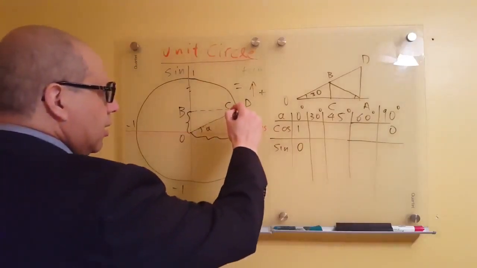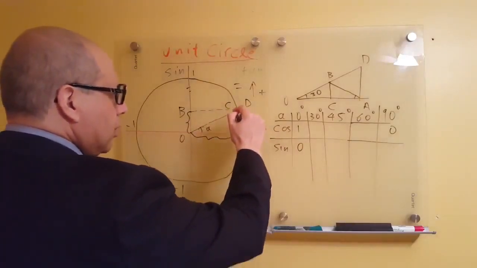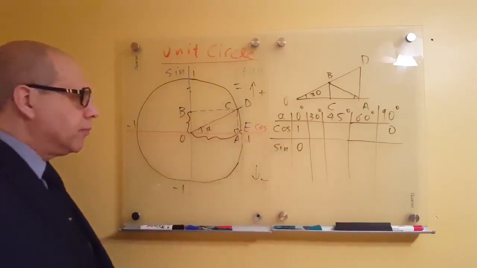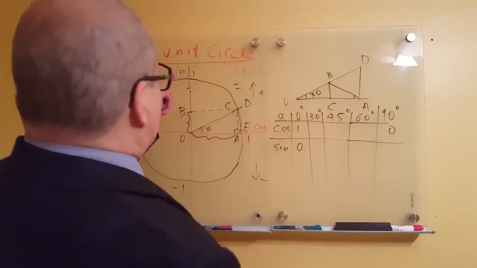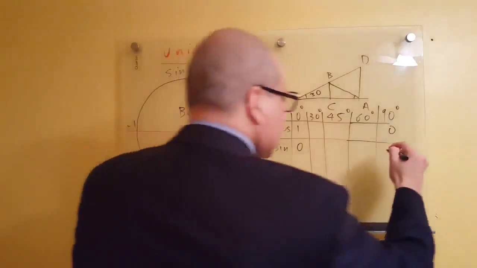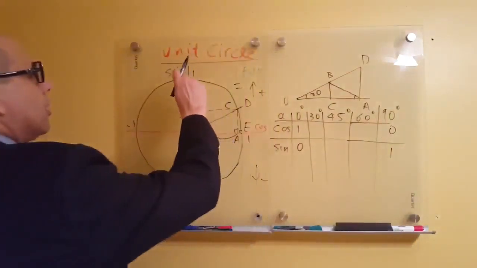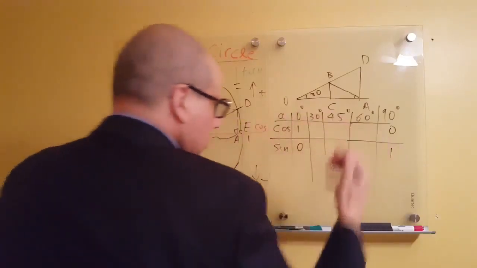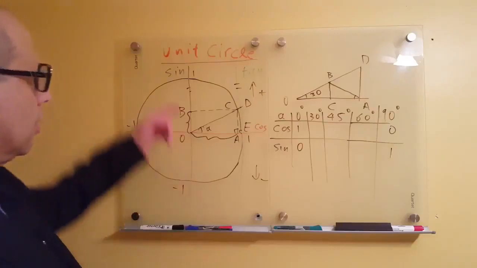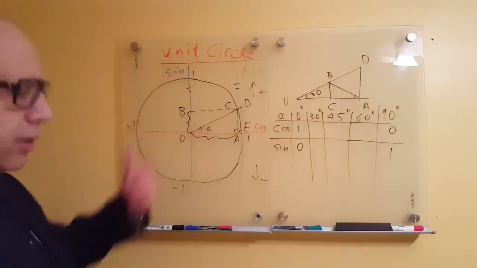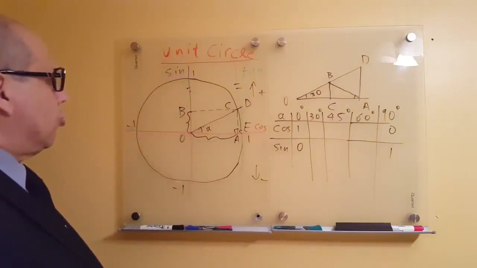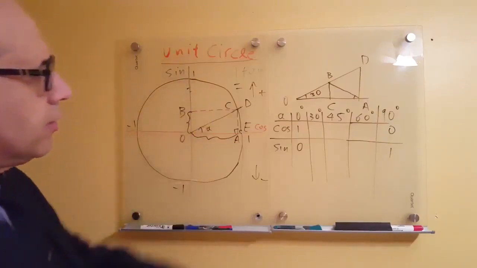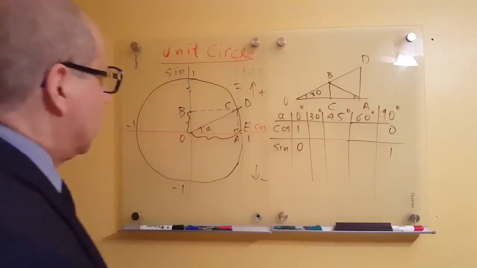The projection to the cos axis is the perpendicular, that's why this angle here is a right angle. So the sine of 90 degrees is 1, since projecting this point to the sine axis gives the same point, which is 1, because as we said, you always measure this distance here. So the sine of 90 is 1.